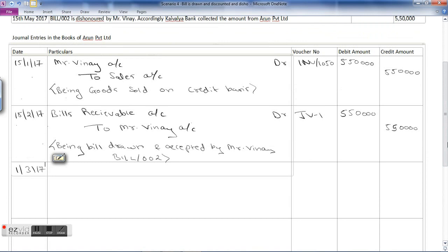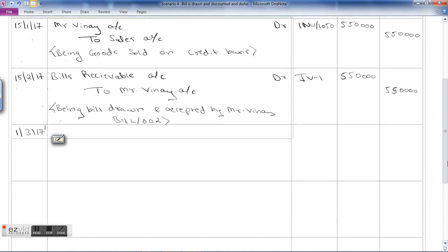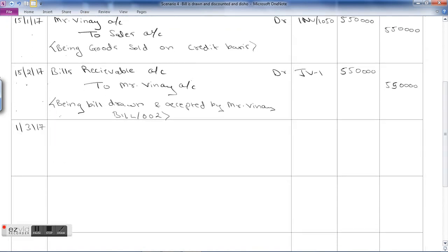The date is correct. So the entry will be, we have received the money in the bank, so bank account debit, how much money we have received, 5,25,000. Then discount expense account debit. The discount is nothing but interest. So discount expense account debit 25,000, and we have given the bill receivable to the bank.